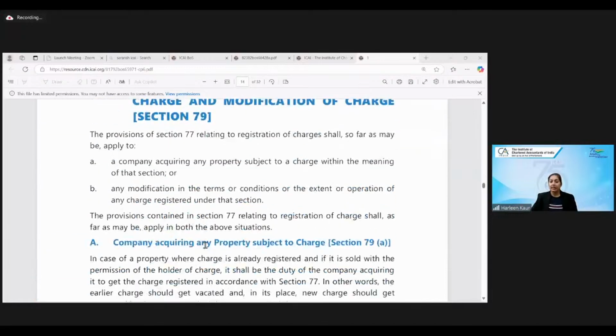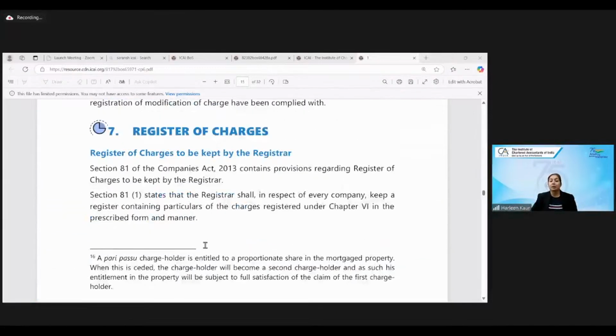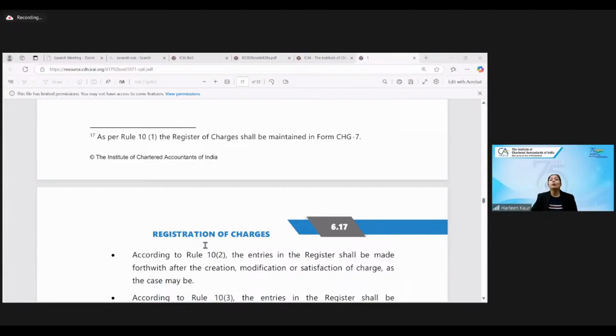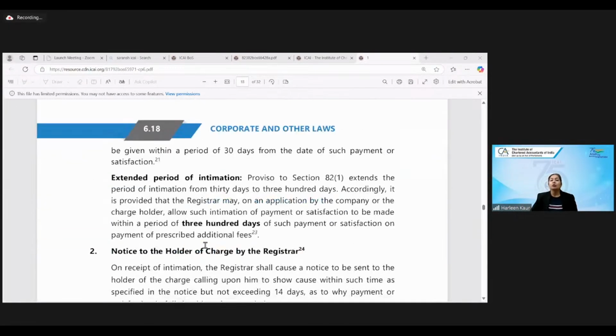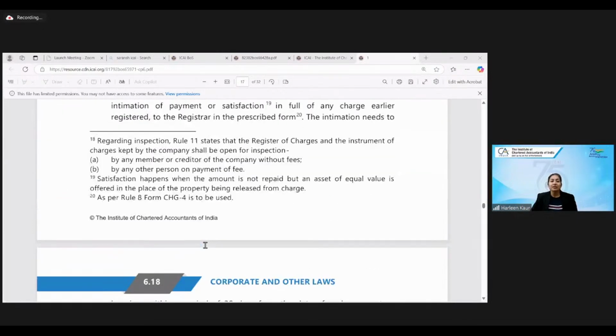If I have given property A as a security, and now I'm making modifications, telling the bank that instead of A, you will get property B as a security, that is also covered under the definition of satisfaction. Satisfaction happens not just when the amount is repaid, but also when an asset of equal value is offered in place of the property released. Very good. Om Krishnam Gupta is the only one to answer yes, ma'am.